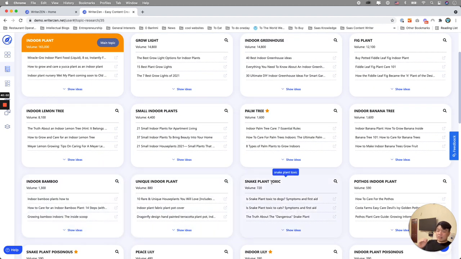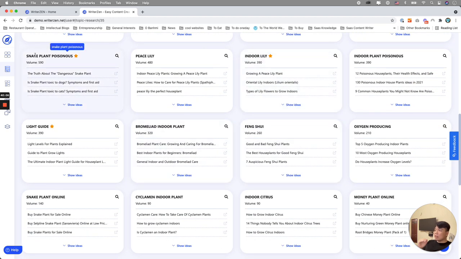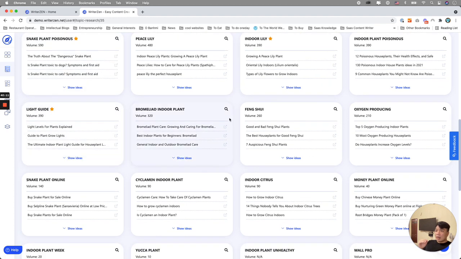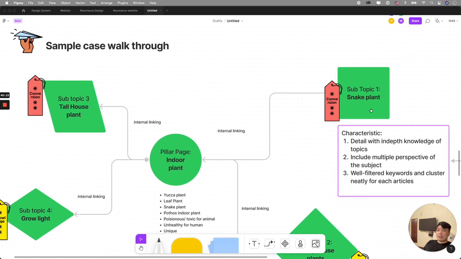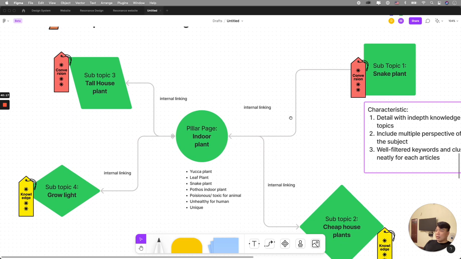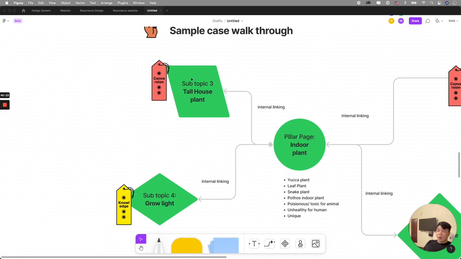Next, snake plant here, toxic. And I think it has one more. Yeah, snake plant poisonous. So toxic and poisonous, I guess it's similar. So then I decide to add snake plants as one subtopic, right? And you can also have cheap house plants as another subtopic, and then tall house plant as a subtopic.